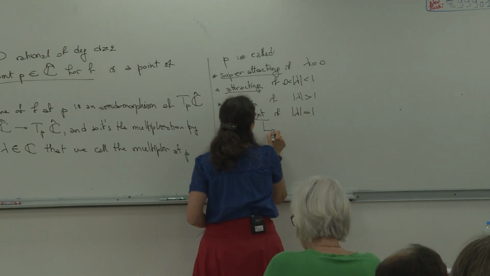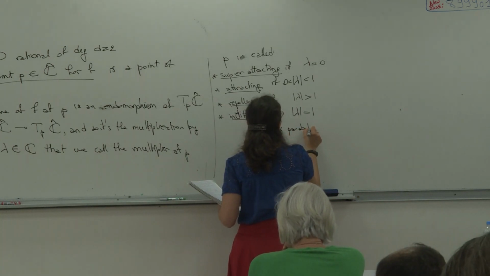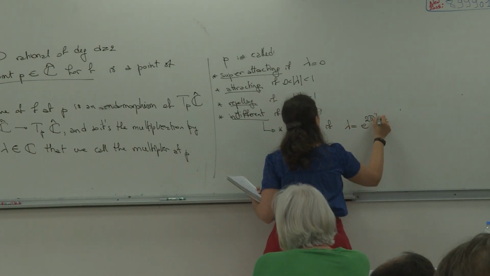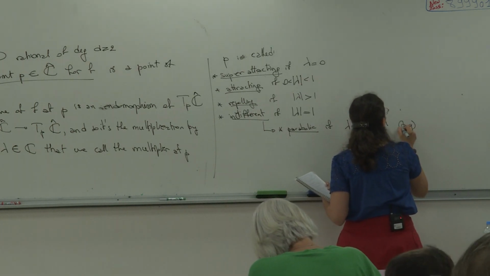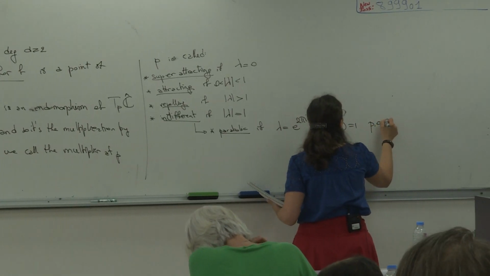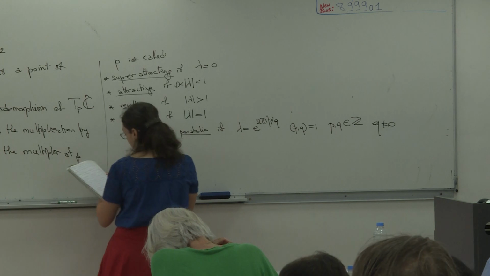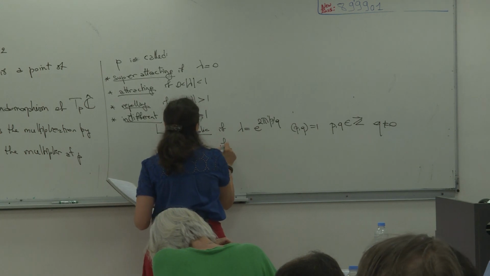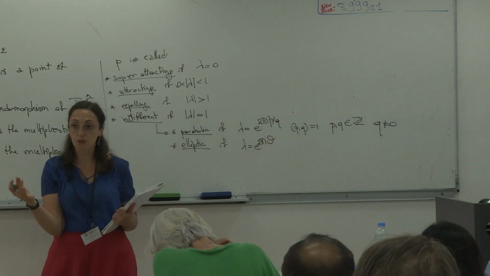And this case has two subcases. The parabolic case, when lambda is a root of unity, could be 1, by the way, e to the 2 pi i p over q, with p and q coprime, p and q in Z with q different from 0. Or it could be elliptic if lambda is a number of modulus 1 which is not a root of unity.